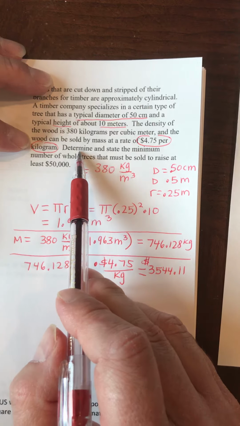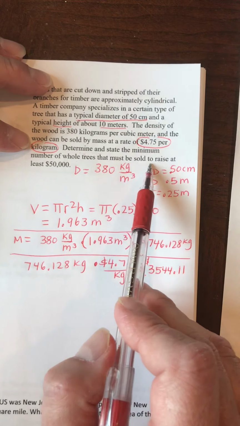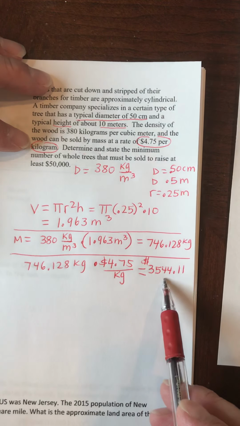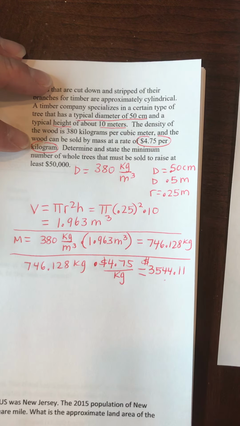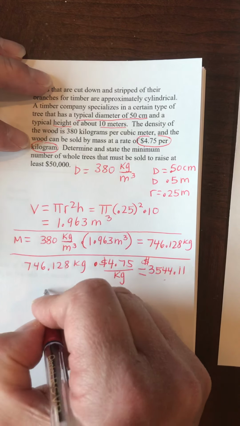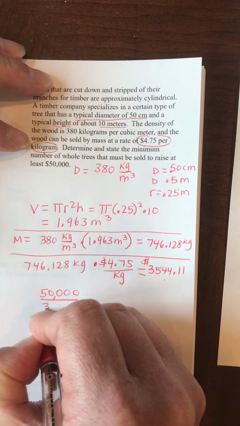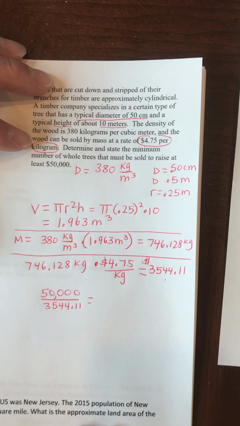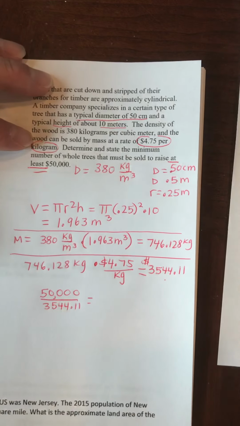Now, these application questions can get pretty involved. They want to say, determine and state the minimum number of whole trees that must be sold to raise at least $50,000. So one of them, they can get $3,544 for. They want to know how many trees for 50,000. So hopefully you just see that. You're going to do 50,000 divided by 3,544.11. All right. They want at least, so that means you're going to have to go up no matter what.